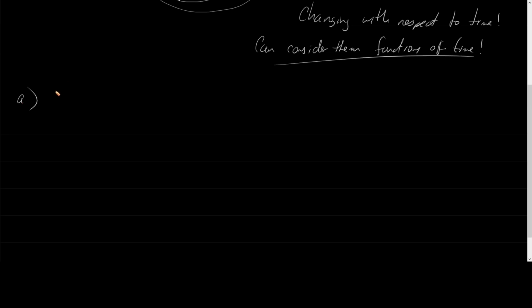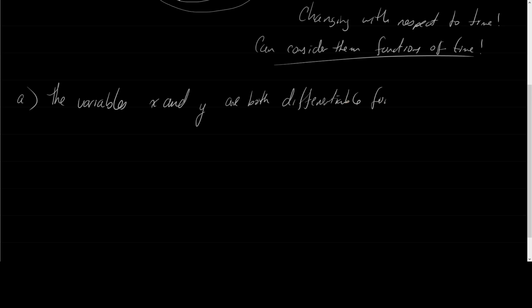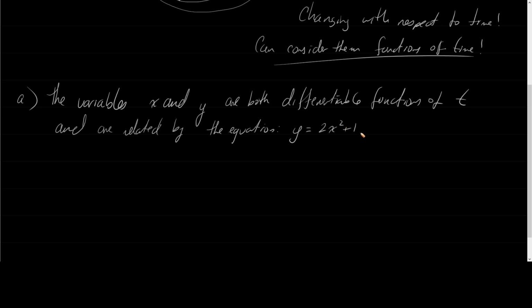Let me set it up. The variables x and y are both differentiable functions of t, and are related by the equation y equals 2x squared plus 1.